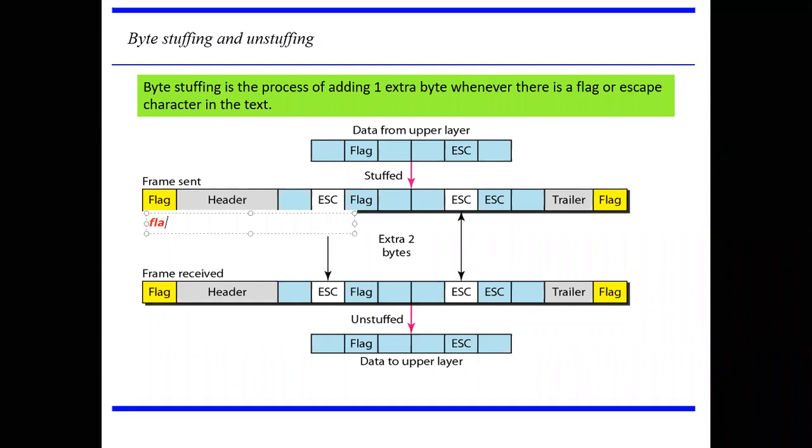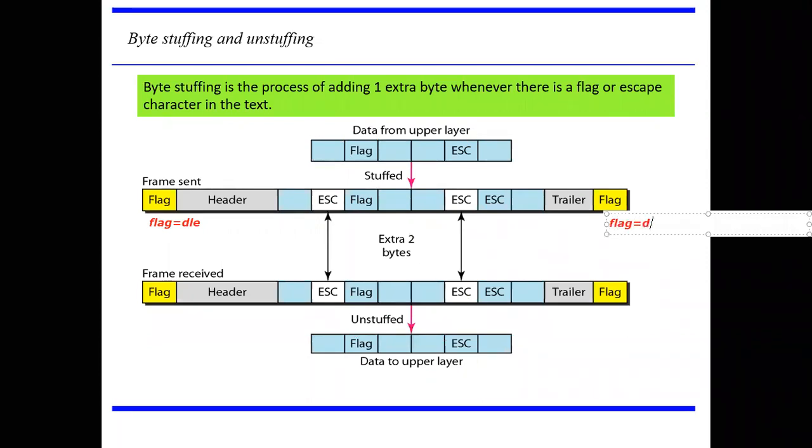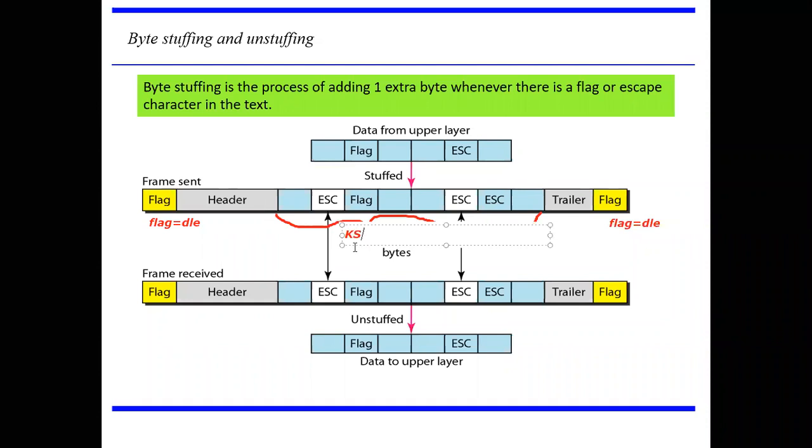Flag pattern is equal to DLE, and here flag is equal to DLE. And what is your actual data? Here the actual data, I'll write it as KS, I think I need to write here.